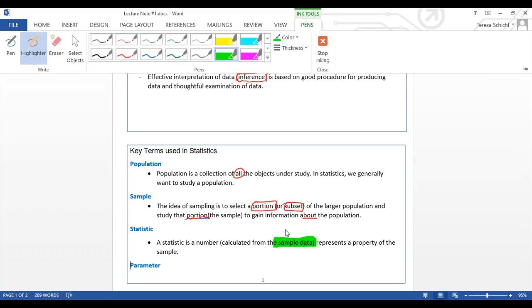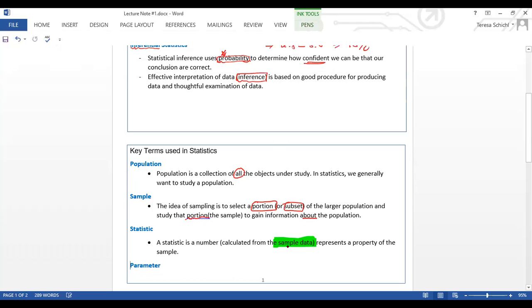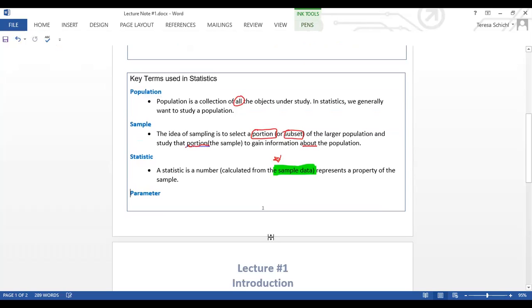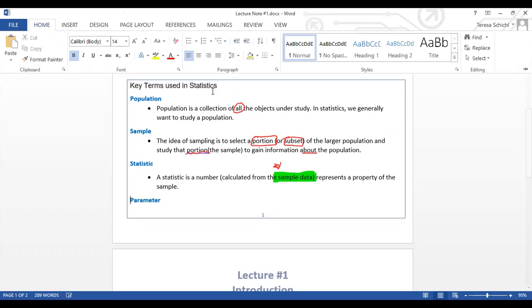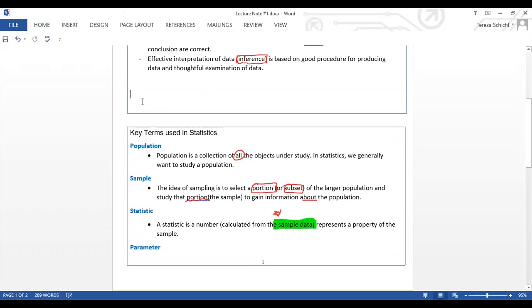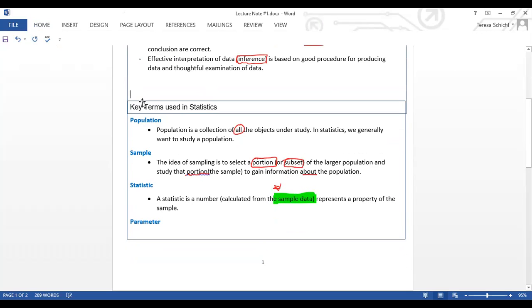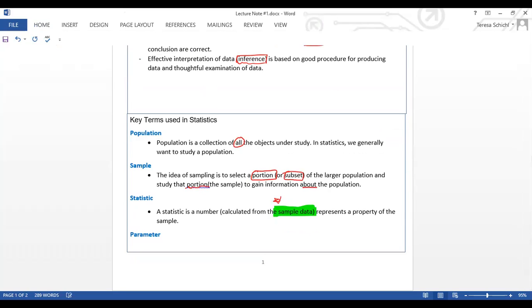The statistic is from the sample. It's an important concept. A lot of people have trouble here. We hear the word statistic a lot, but what exactly is a statistic? Some people have trouble understanding that.